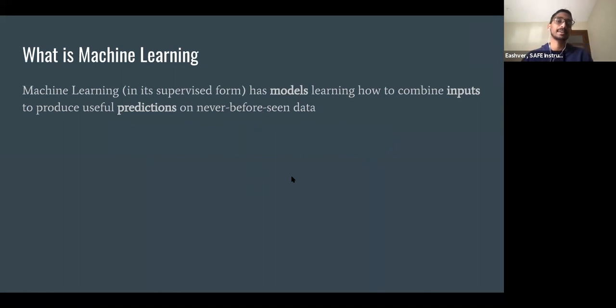We understand machine learning in the way we'll be learning, which has models learning how to combine inputs and create useful predictions. The three main pieces of terminology you should understand are models, the inputs, and the predictions. We broke those down on their own.